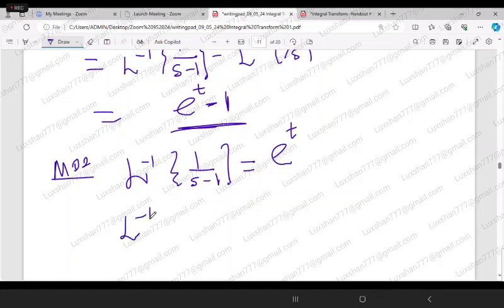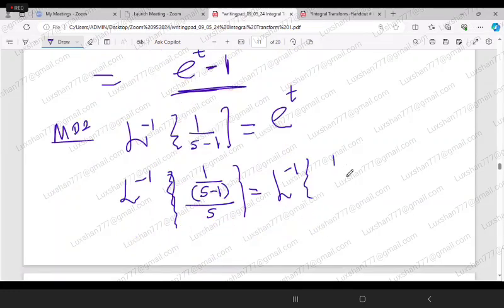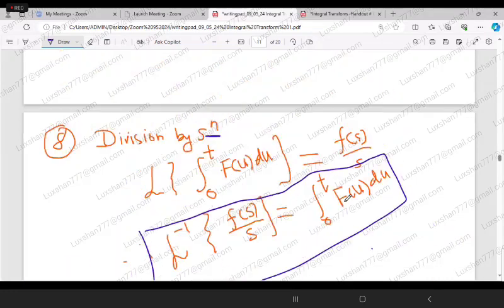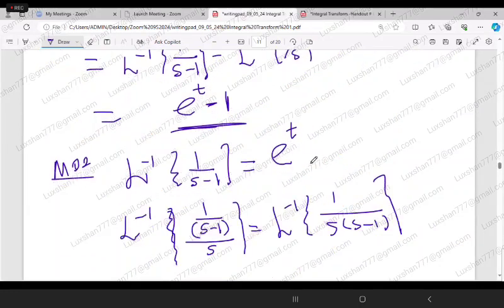Therefore, the inverse Laplace transform of 1 over s minus 1, divided by s, that is 1 over s into s minus 1, according to this theorem, is the integral from 0 to t of f(u) du. So this is our f(u), and this is our f(t) now.